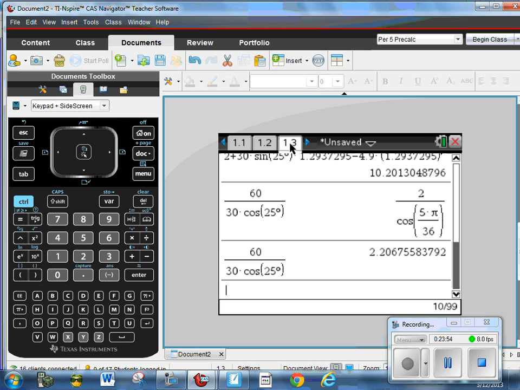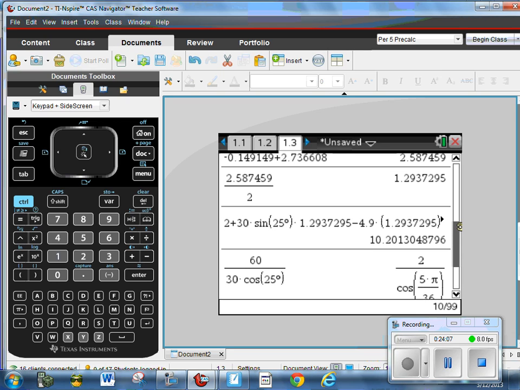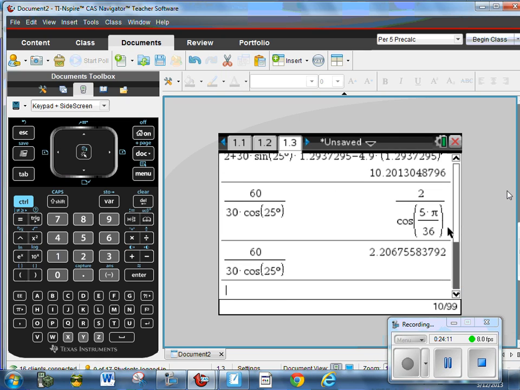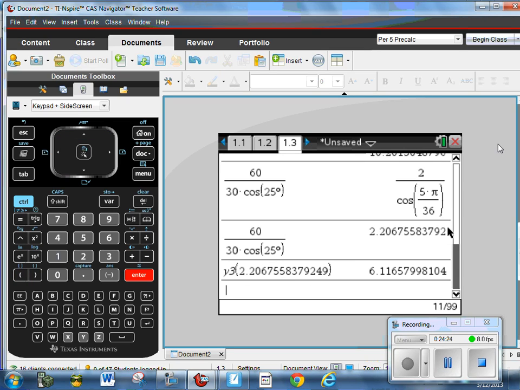I could type in 2 plus 30 sine 25 times 2.206 minus 4.9 times 2.206 squared, like I did previously with the 1.29. Or I can do this so much more easily. I can say y3, and then in parentheses, I can grab this number, put it in, and push enter, and there is my value.